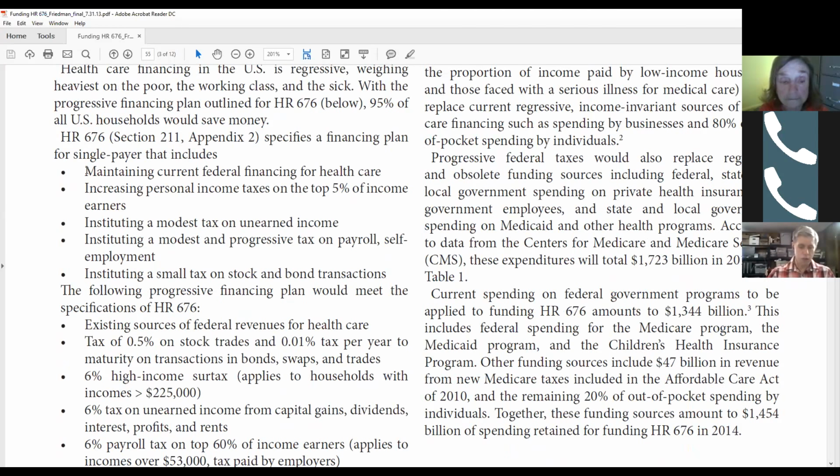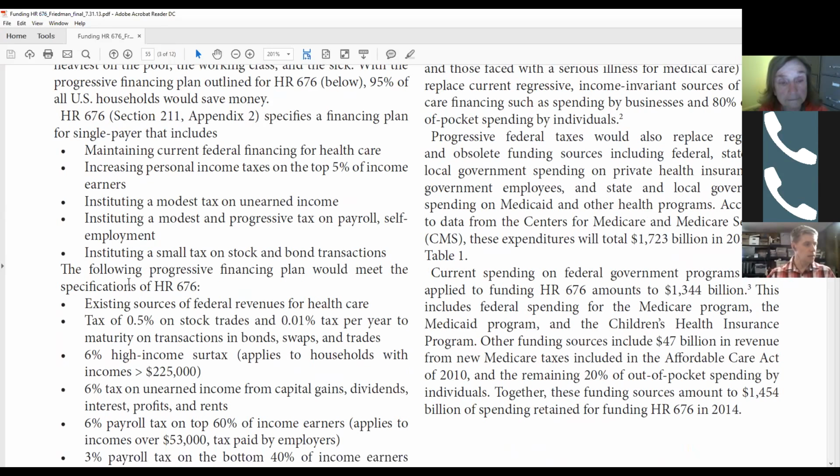It's all underpinned by maintaining the current federal financing for healthcare and then just rolling that over into the Medicare for All system. And then the tax increase would be done in a progressive taxation manner.